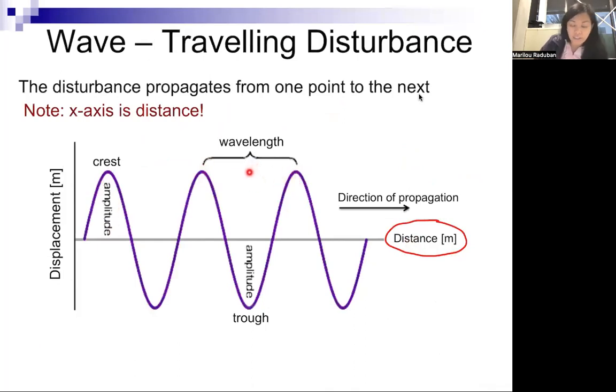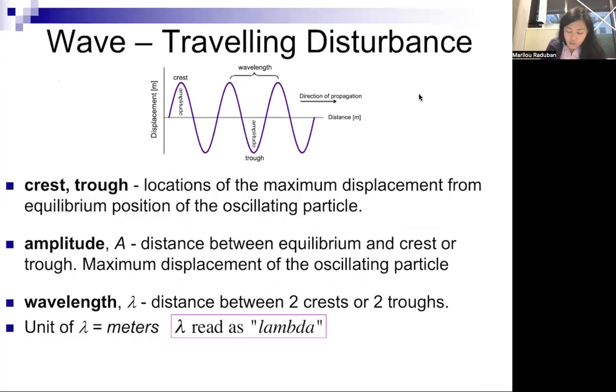So let's look in more detail at these crests and troughs and amplitudes and wavelengths of the wave. In the sinusoidal graph that describes the wave, you have the crests and the troughs as the locations of the maximum displacement from equilibrium position of the oscillating particle.